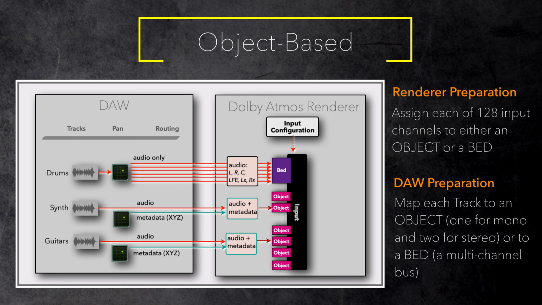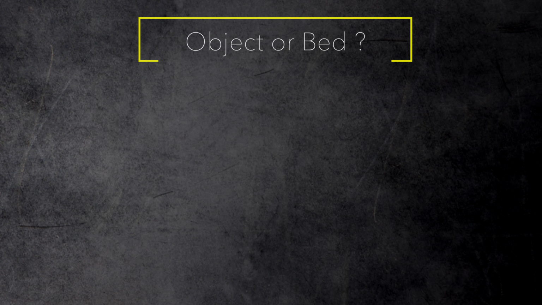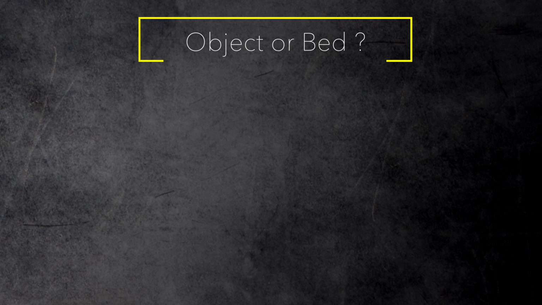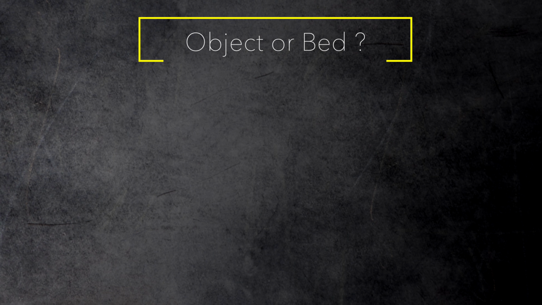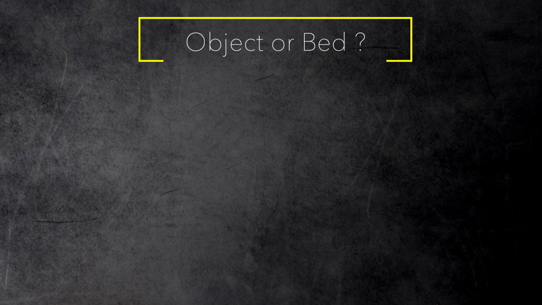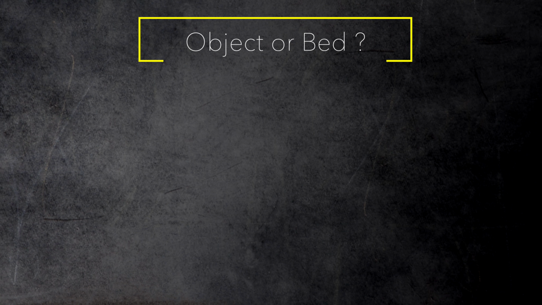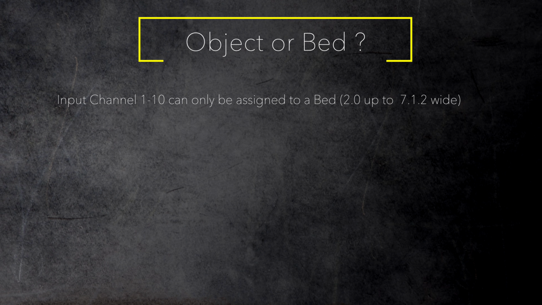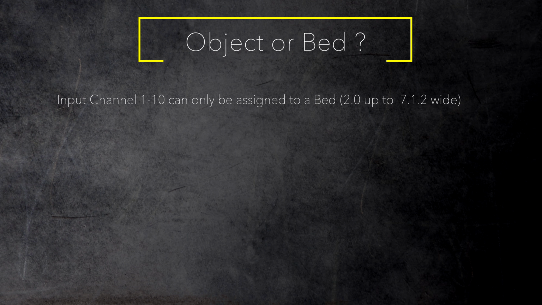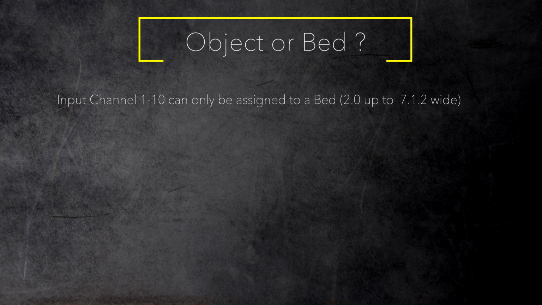There are many reasons why to map a track to an object or route it to a bed. They fall into the category of personal preferences, best practice, and there are a few technical considerations. I discuss all that in my book, but here are just a few technical considerations. Channel 1 to 10 can only be assigned to a bed, with a channel width of 2.0 up to 10.1.2.